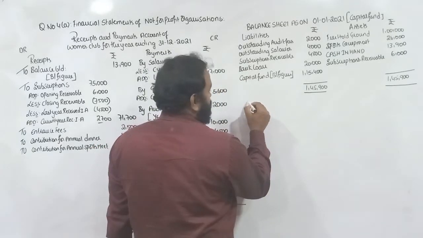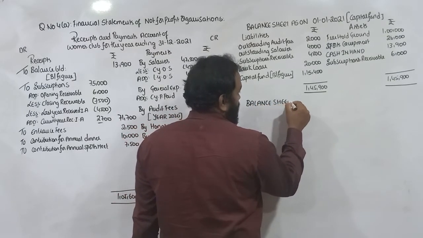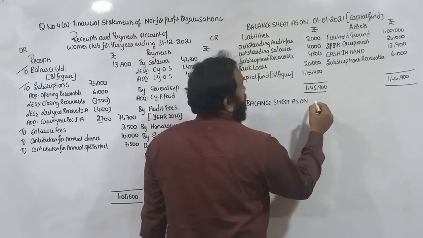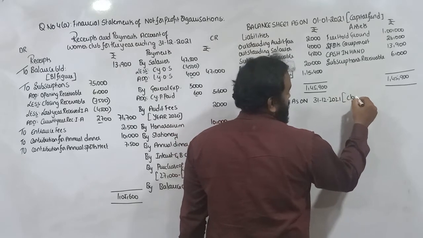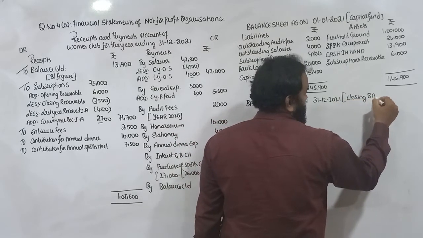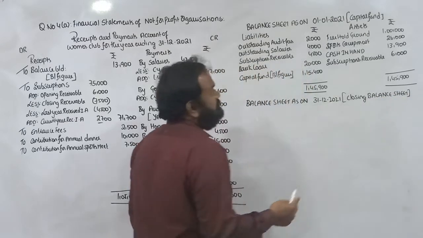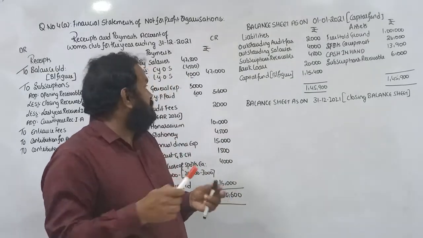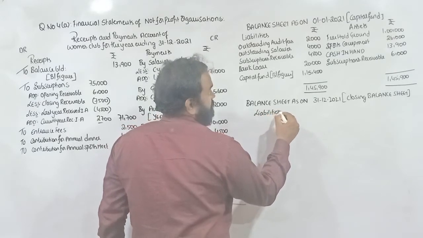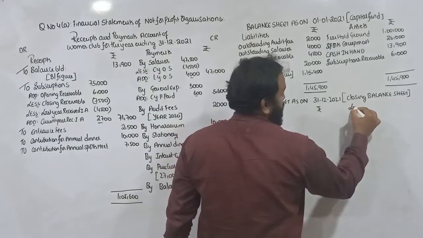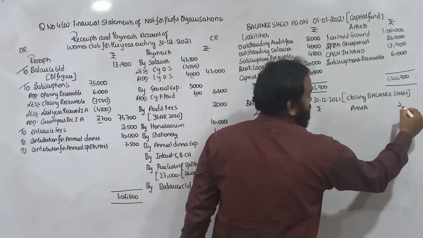Closing balance sheet. Simple balance sheet as on 31st December 2021. Closing balance sheet. So same information. See, liabilities rupees, assets rupees.